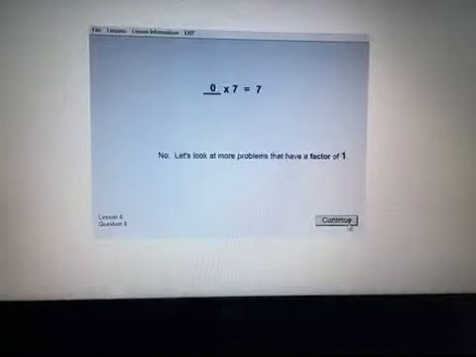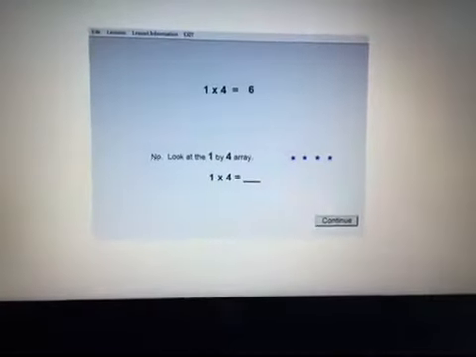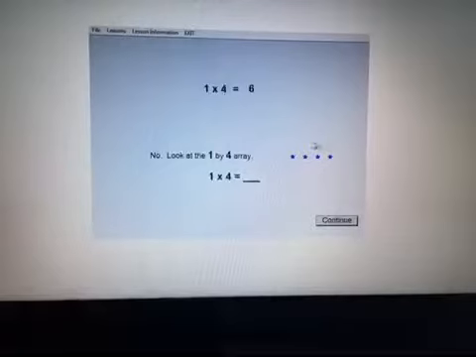And here we're going to go into a subroutine because the student had not gotten it. And we're going to now revert to the visual representation.